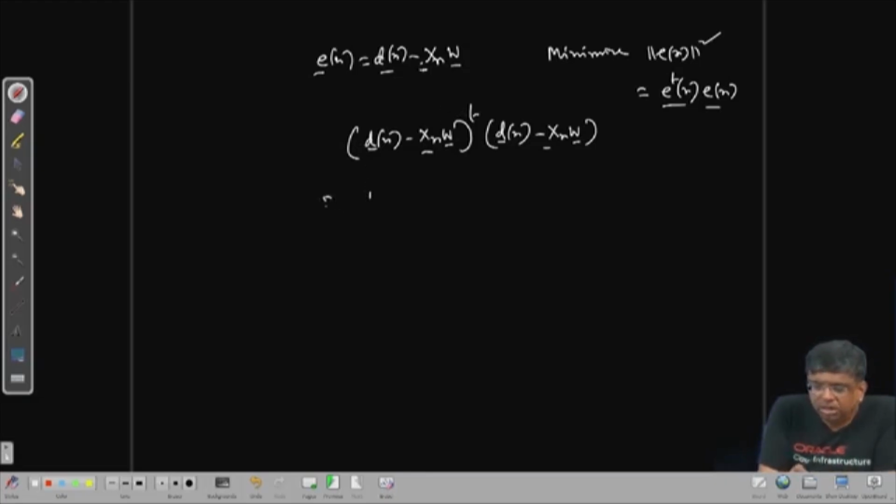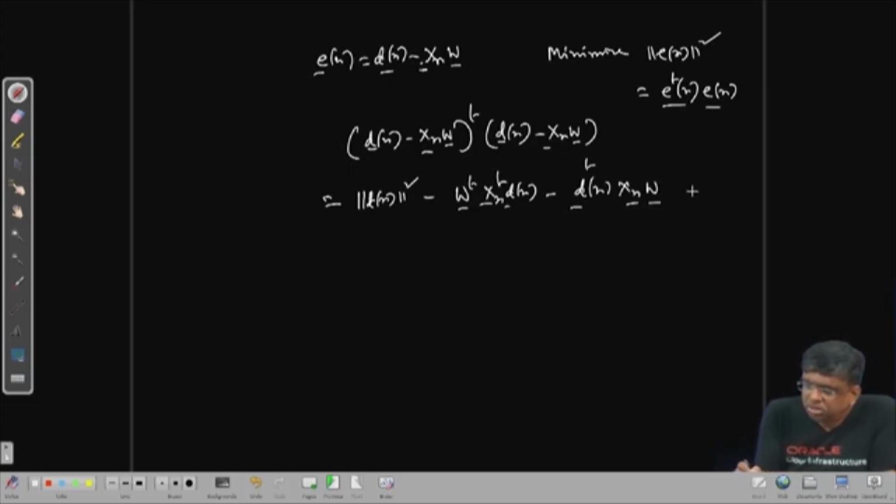So, dn transpose dn, which is the norm square of dn, but it is independent of w. Then xn w transpose dn, so this is w transpose xn transpose dn. Another one, dn transpose, dn is a column vector, now it is a row vector, dn transpose xn w. And then xn w transpose xn w, so w transpose xn transpose xn w. This is what you have.